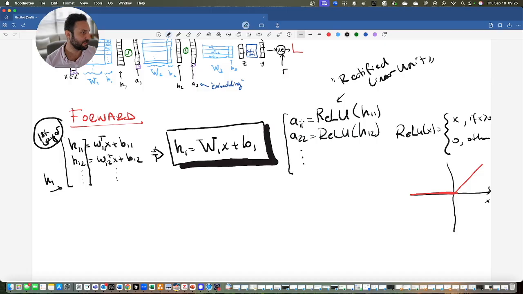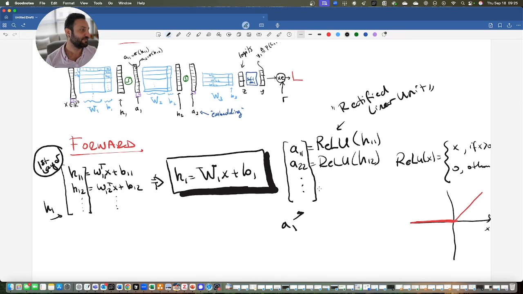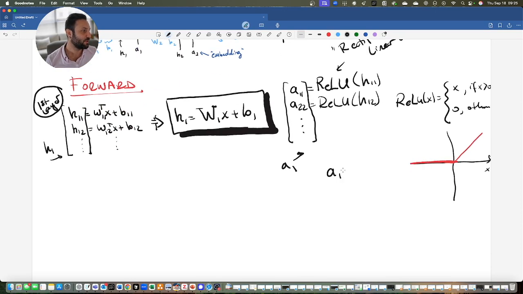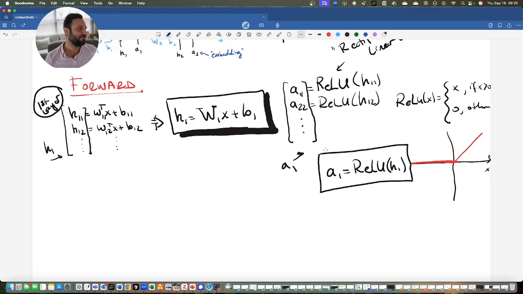We get this vector, and we call this A1. I know we defined ReLU specifically for scalars, but more often than not, if it is an element-wise operation, we define it for vectors too.